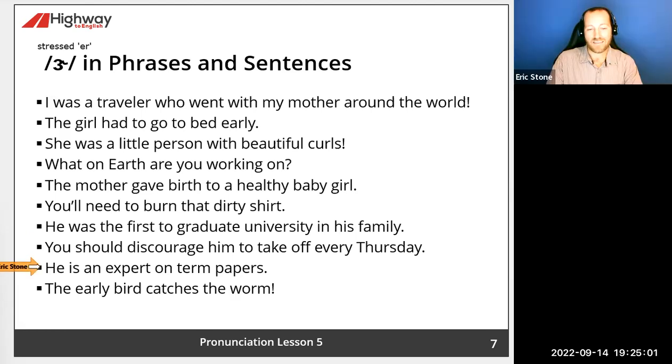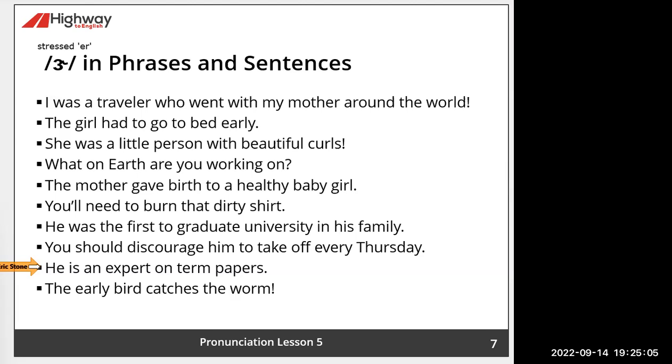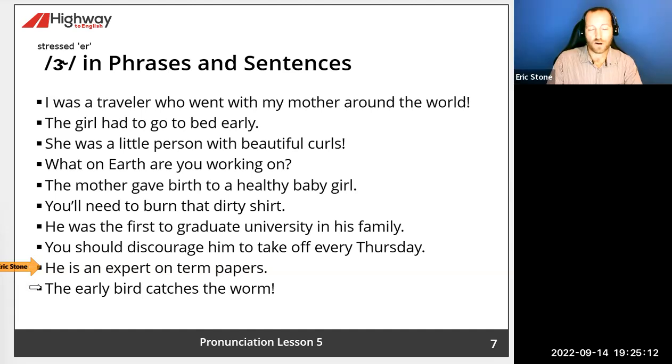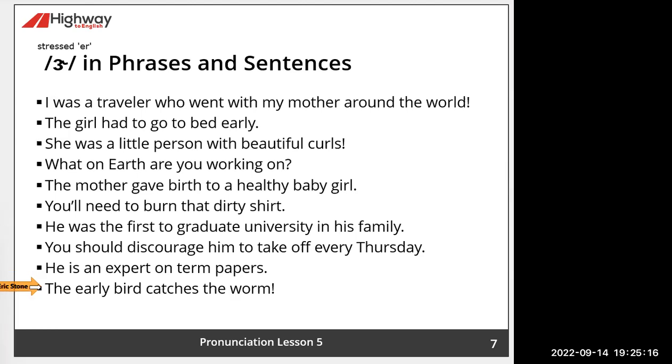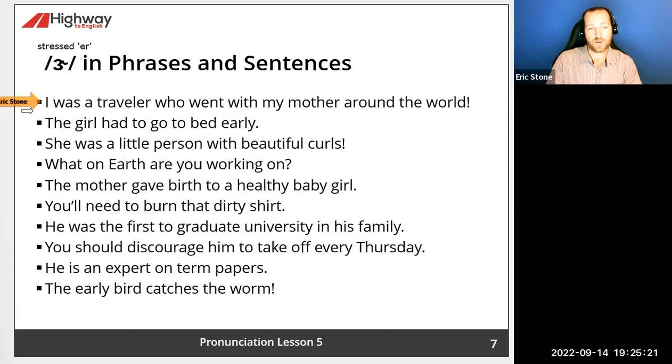Good. He is an expert on term papers. He is an expert on term papers. Good. The early bird catches the worm. The early bird catches the worm. Good. Let's try again. Basima, you're going to start, okay?